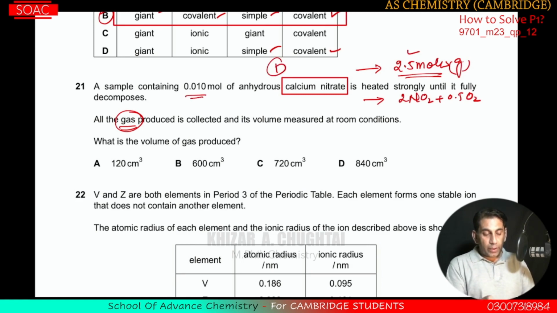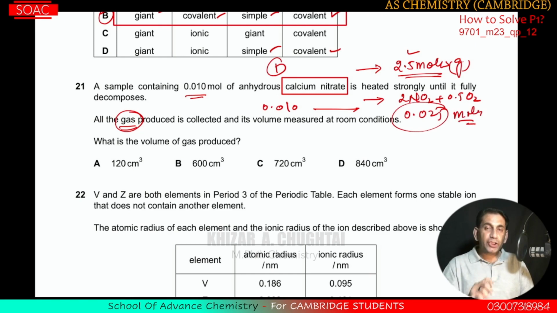And what about this one? If we are using 0.010 mole, then what will be the moles of the gases? Moles of gases will be 0.01 multiplied by 2.5, which is equal to 0.025 moles.